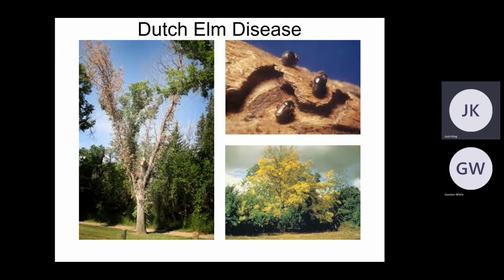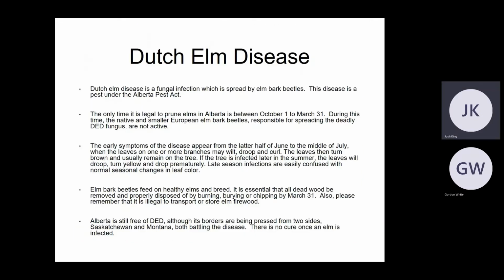And so this is a regulated pest under the Agricultural Pest Act, and we'll go through it here. I don't want to miss anything, but keeping your tree healthy is key, and we have a society to prevent Dutch elm disease that works with the government and has helped create pruning bans to help control the spread, because the insects are attracted by pheromones that the trees give off.